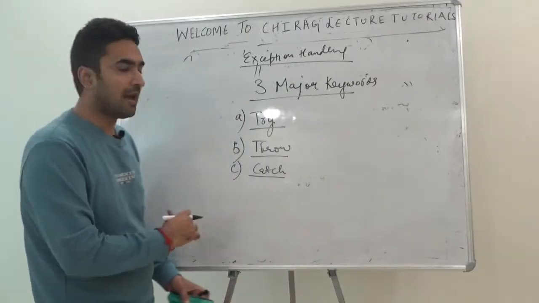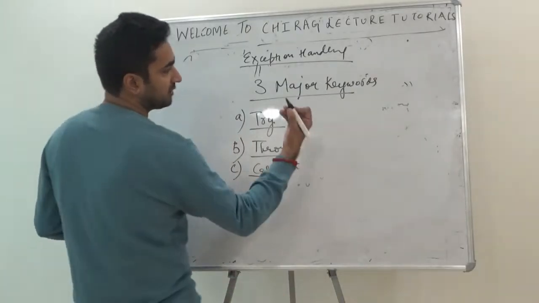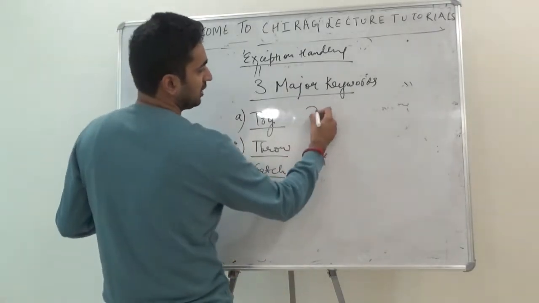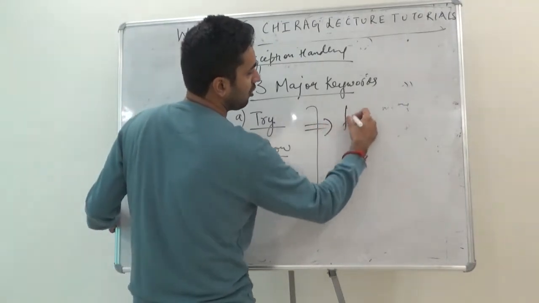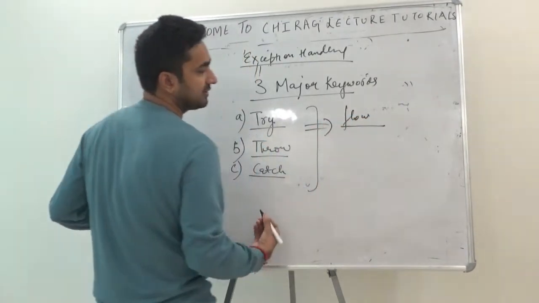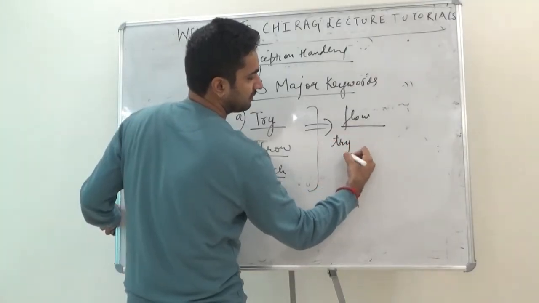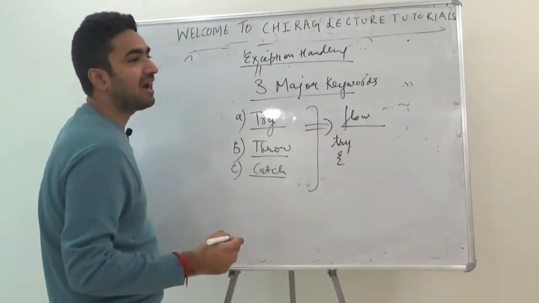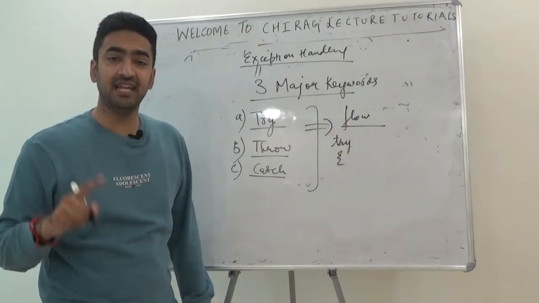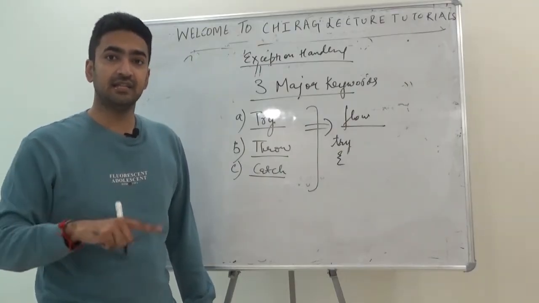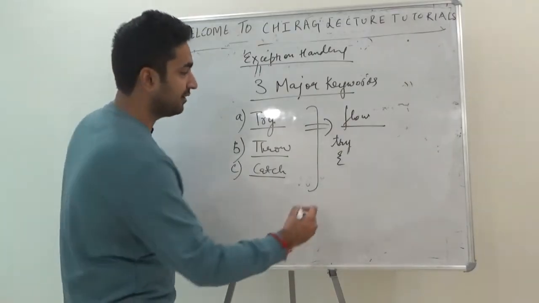So for that to happen, how does it entirely work? That flow of exceptions is that in the try block, you have to throw an exception, meaning anything that is going to give us a runtime error.